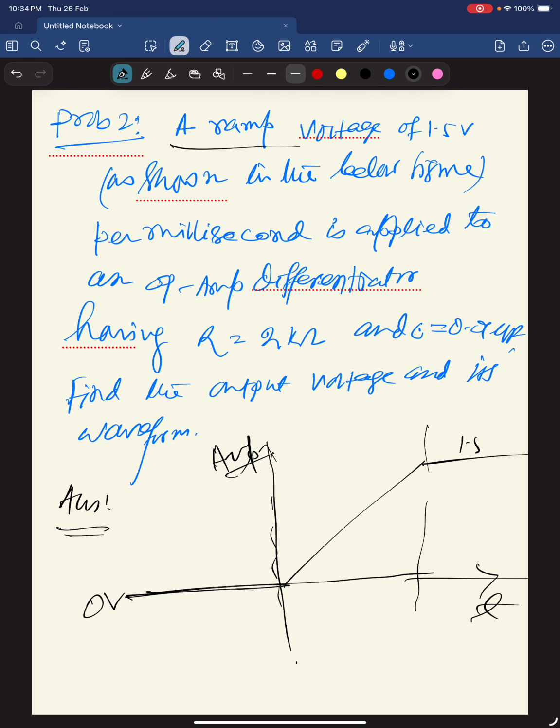After that constant 1.5 volt, this peak voltage, and this time gap from this to this is 1 millisecond. So this is the given. This is t is equal to 0 and here t is equal to 1 millisecond. In this range we have to find out the output waveform.